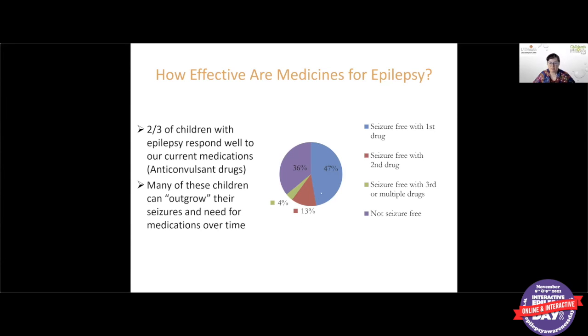A lot of these children, especially who are in the first or second category here, are very possibly going to outgrow their seizures as they get older, especially as they get towards puberty, and they may not need medications over time, but that is going to depend on what type of epilepsy they have and what the cause of the epilepsy is.